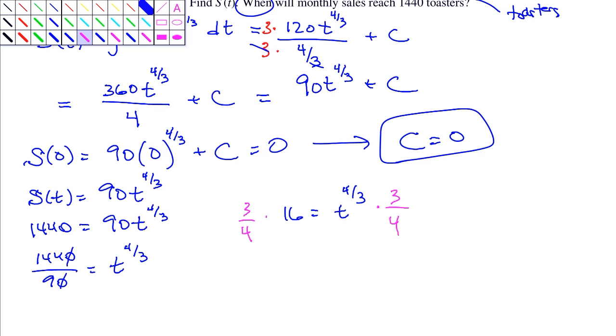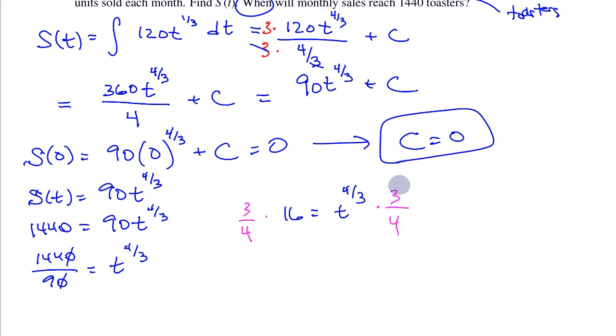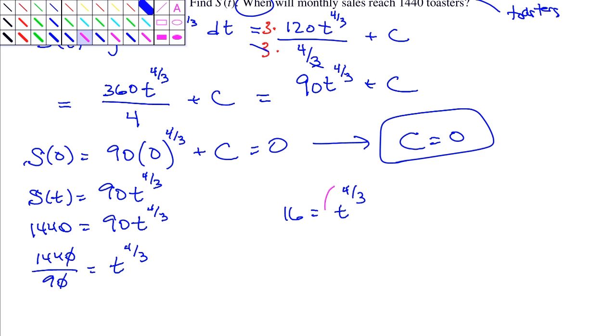That's not right. You're right about the reciprocal. But what do you do with it? Yeah, you raise it to the power that is the reciprocal power. Because what are you trying to accomplish? What are you really solving for? You're solving for t to the first power. And then 16 to the 3/4 power is 8. So the answer is 8 months.